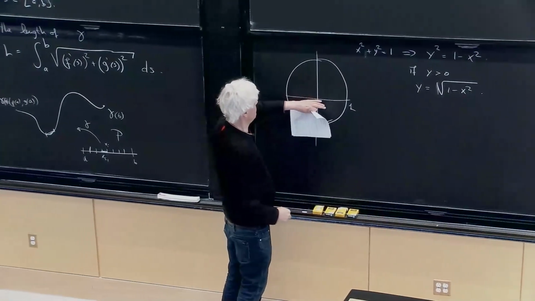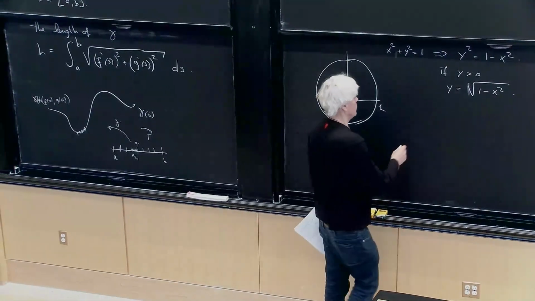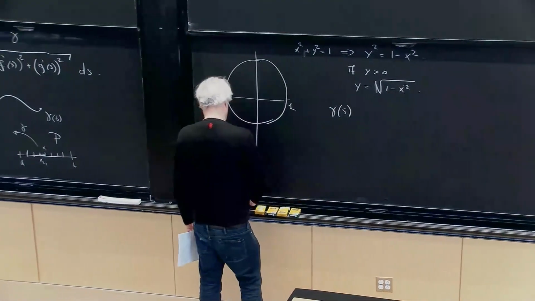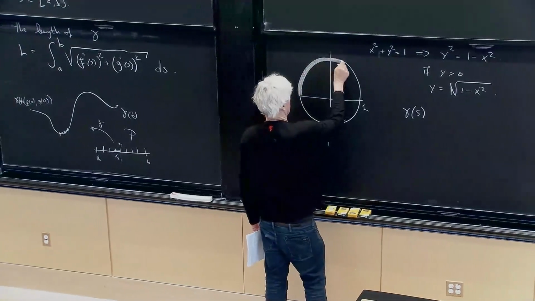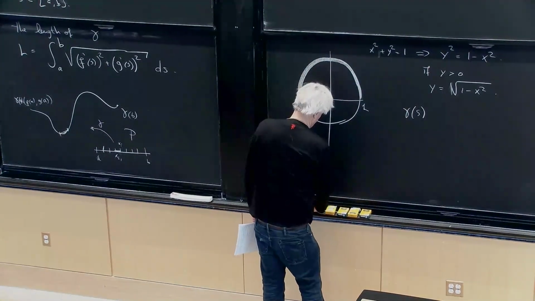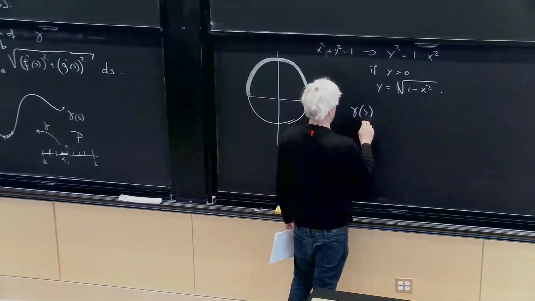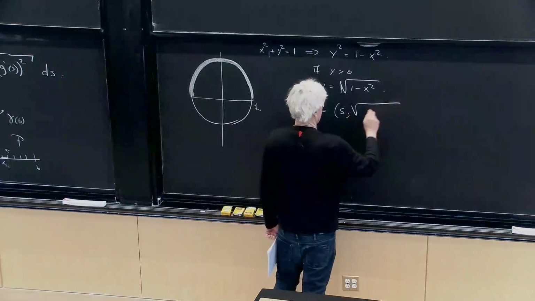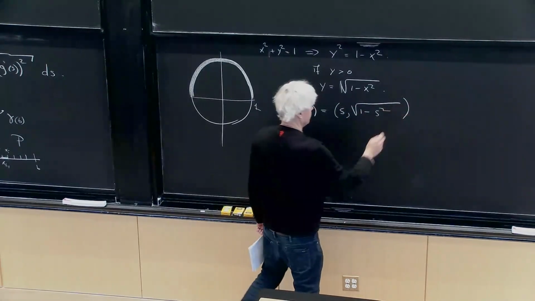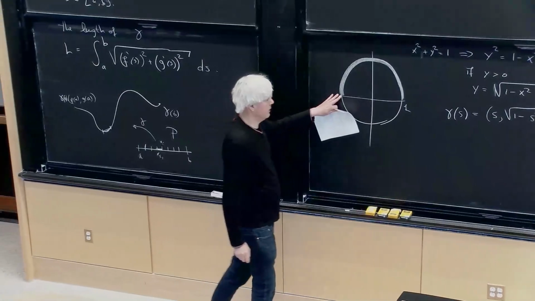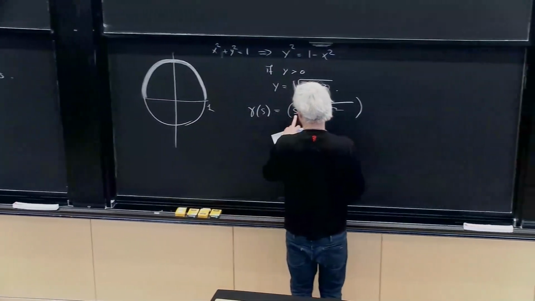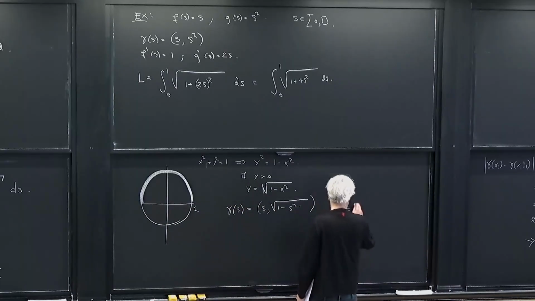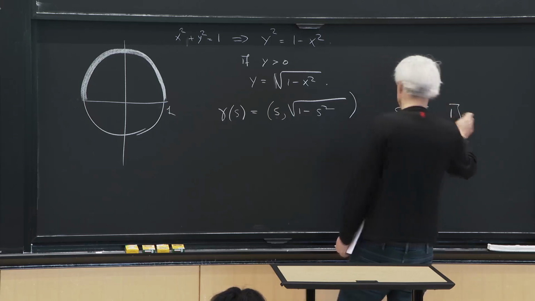So in this part where y is positive, this part of the unit circle is given by the parameterization gamma of s equal to s and then the square root of 1 minus s squared, right? And s is the first coordinate, so s is between -1 and 1.